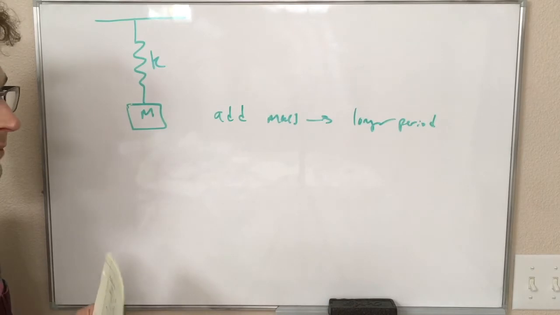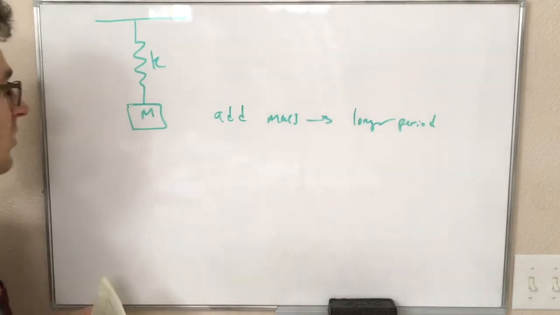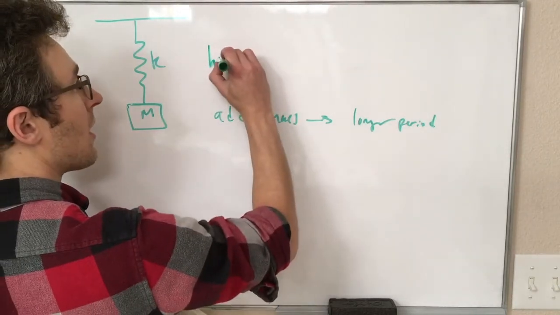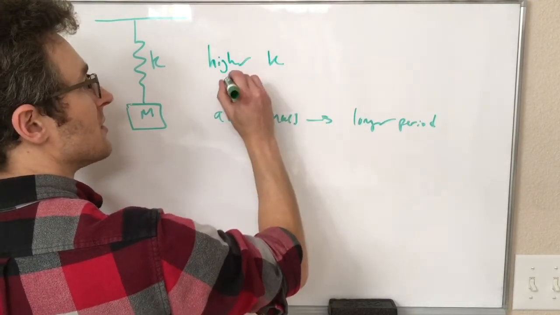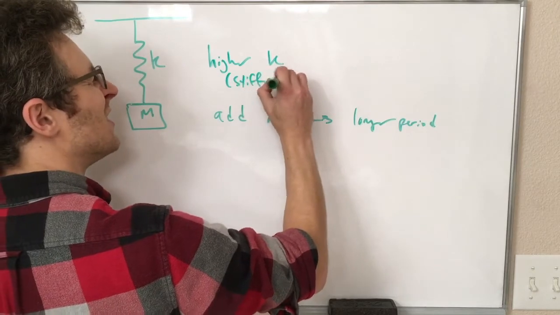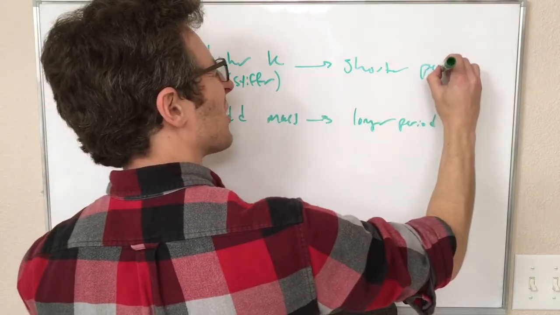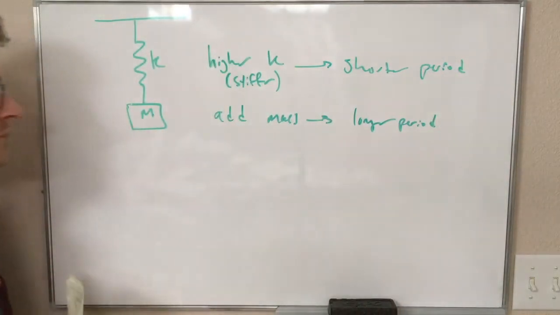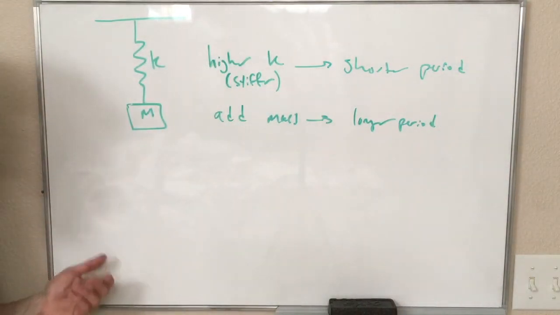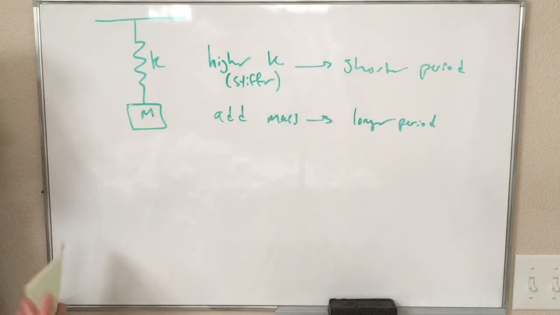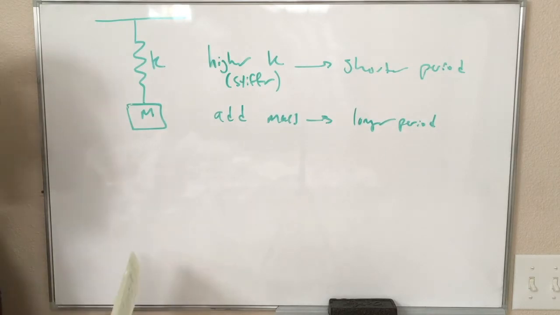And as a result of that larger acceleration, the object moves faster. It takes less time to oscillate. So a higher spring constant, that is a stiffer spring, gives us a shorter period. And if you happen to have springs and masses at home, you can totally play with this. It's good to get your hands on this, but unfortunately we're not able to do that right now for this class.